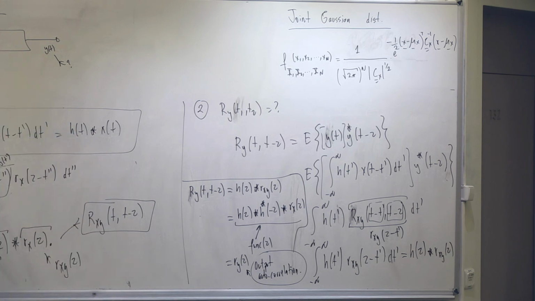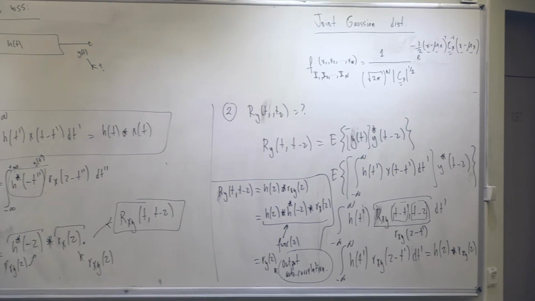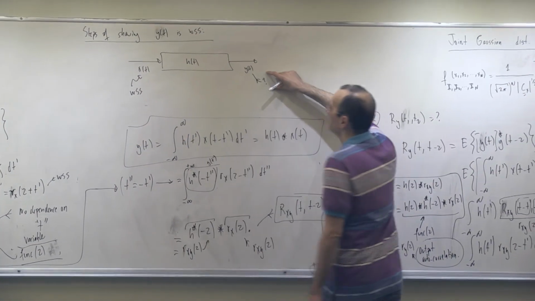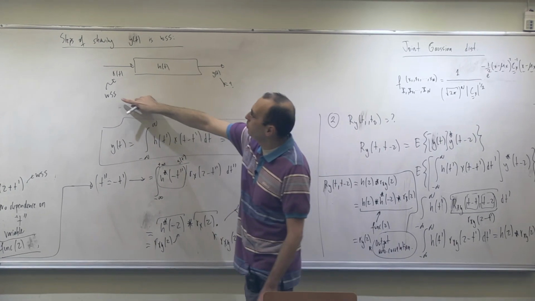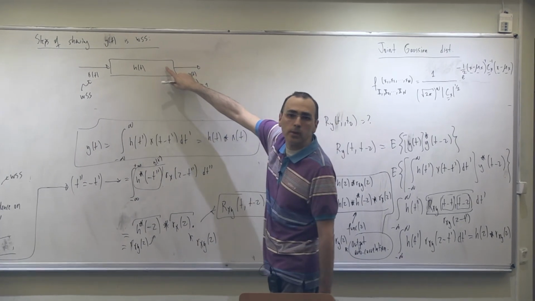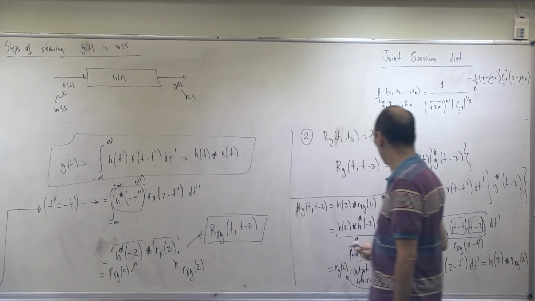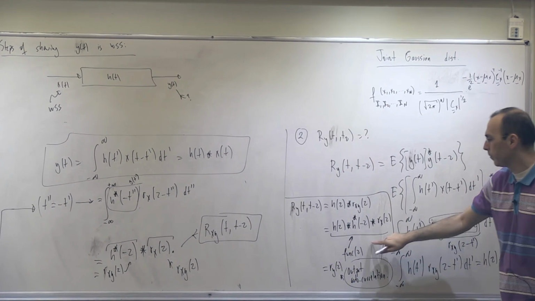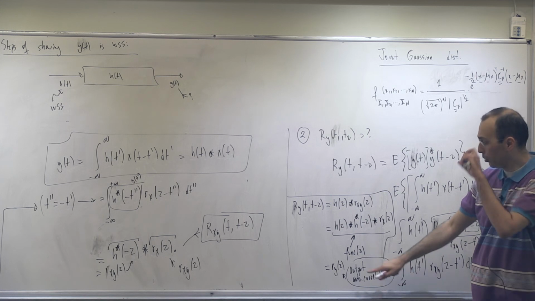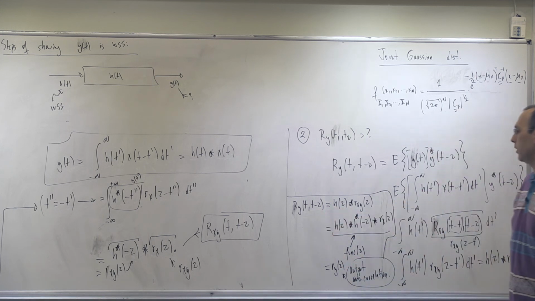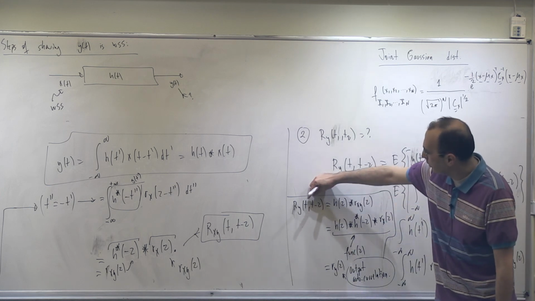This is the end of the wide-sense stationarity proof, as you see. If the input is wide-sense stationary, we have seen that the mean is constant: just the input mean multiplied by the DC gain of this filter. Then the output is also stationary in the autocorrelation sense, because we see that it is only a function of the time differences. It is not a function of t over here; the t's cancel.